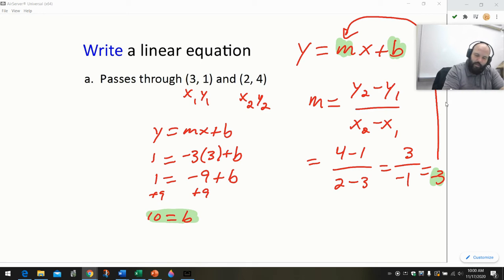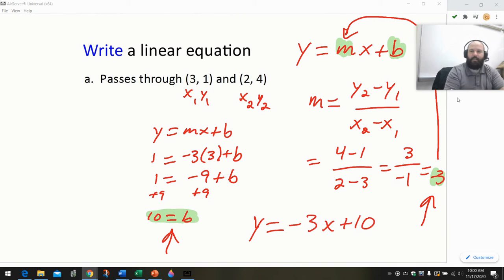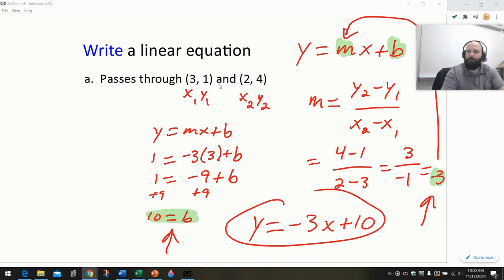I solved for m over here, and I just solved for b. Now I can plug those two things in and write my final equation, which is y equals negative 3x plus 10. And there is the equation of the line that would go through the points (3, 1) and (2, 4).